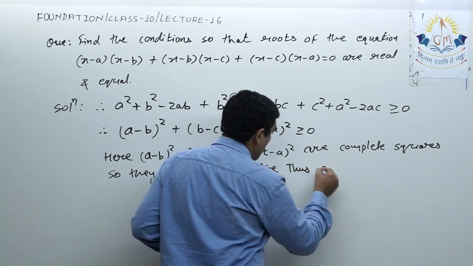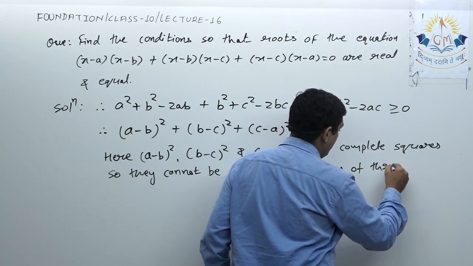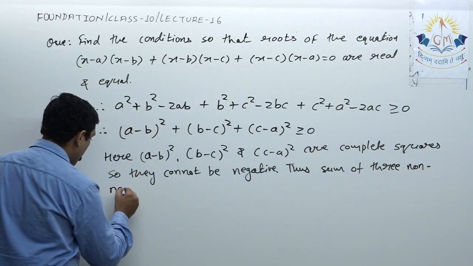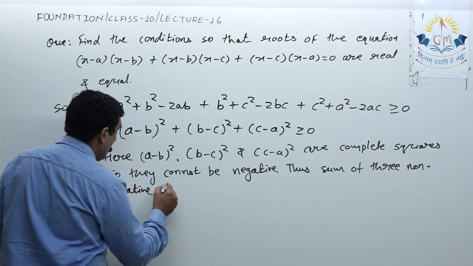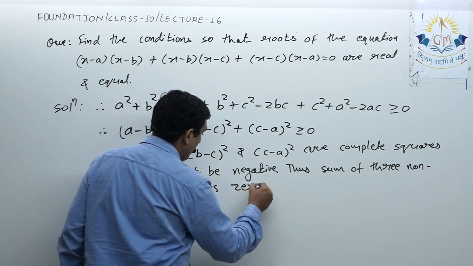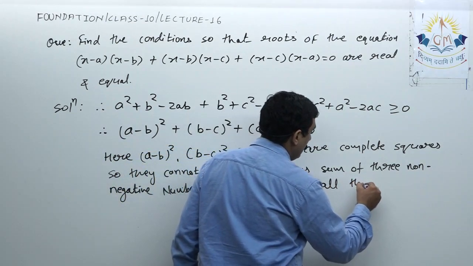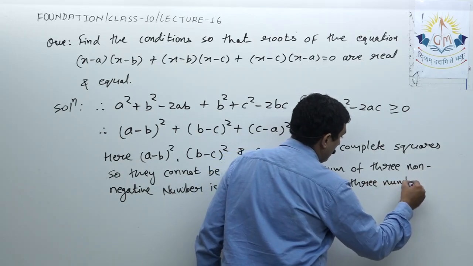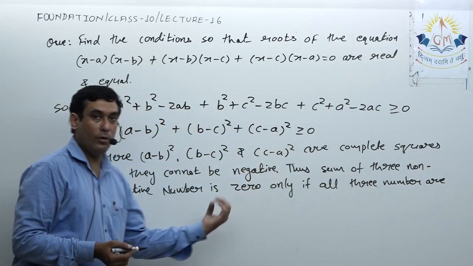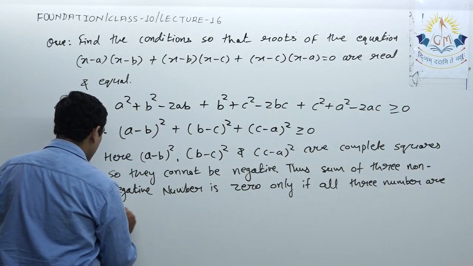Thus the sum of three non-negative numbers is 0 only if all three numbers are equal to 0, isn't it?